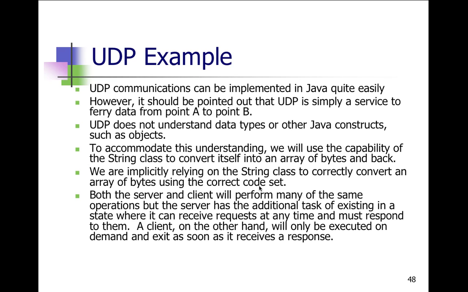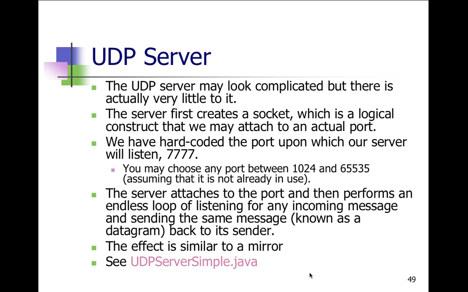Both the client and the server will perform the same type of operation, but the server has an additional task of existing in a state where it can receive requests. So we'll make the server sit there in a loop, kind of a state machine, waiting for a client to connect to it. The client, on the other hand, can execute on demand. You can have many different clients that all connect together.